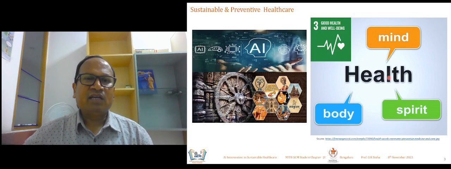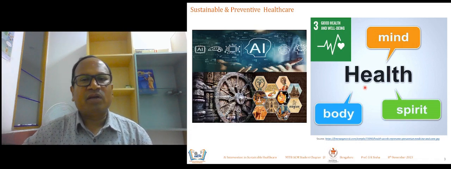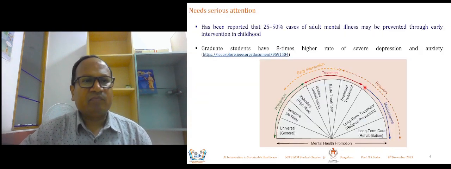Because when we are healthy in our mind, in our spirit, and in body, then only do we lead to sustainable health. The quality of life becomes excellent when your mind is healthy, spirit is enthusiastic, and your body is also healthy.